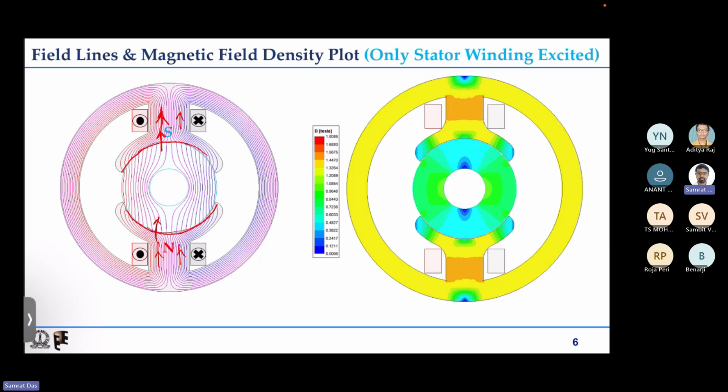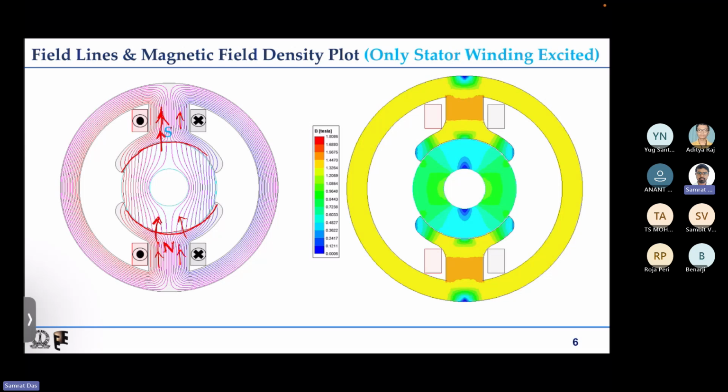They are coming out from the surface. That is why this stator pole has to be north pole, and vice versa. The opposite pole will get induced in the rotor, because that is a ferromagnetic material.